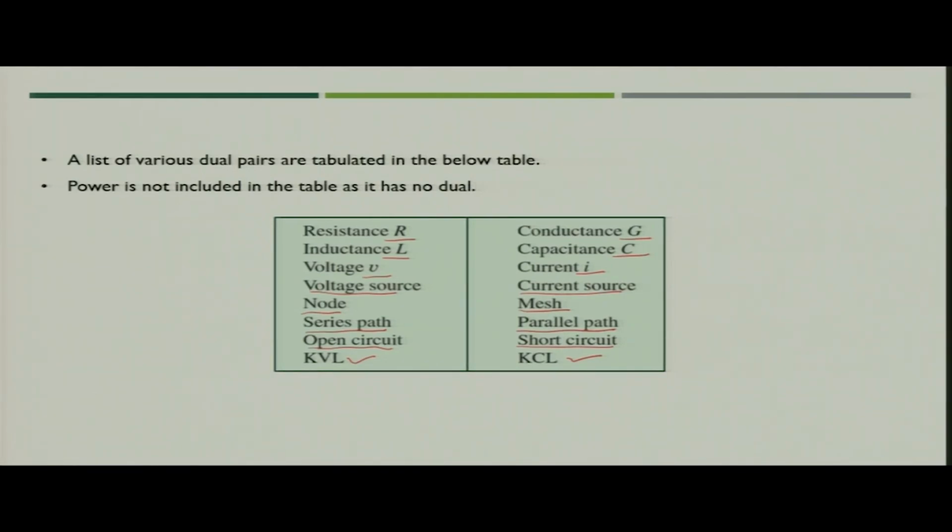So, with this discussion on the dual circuit, let us close the session of today's lecture. In this lecture we discussed what a dual circuit is, what duality is. In the next lecture we will start with various network theorems like Thevenin's theorem, Norton's theorem and so on. Thank you.